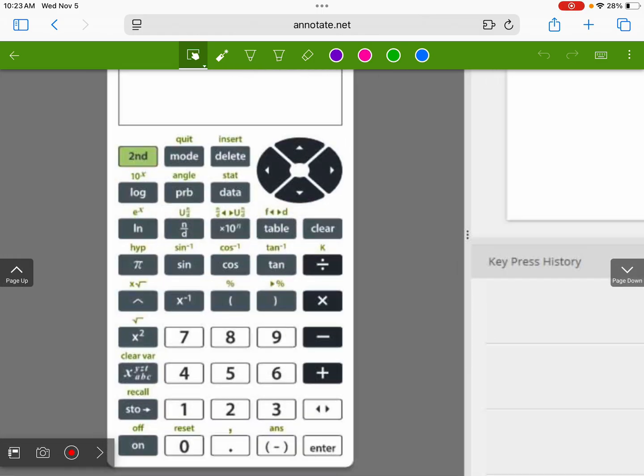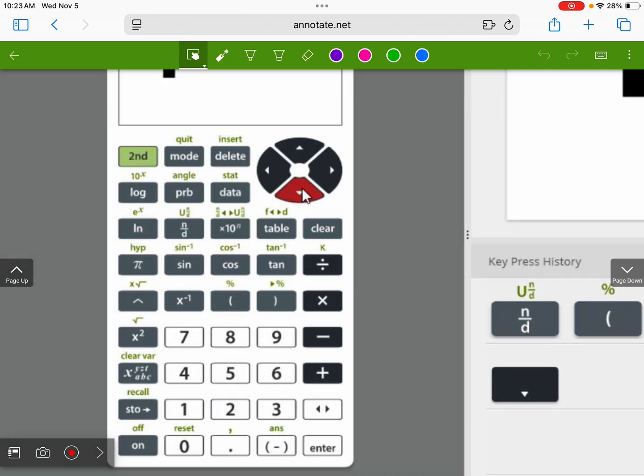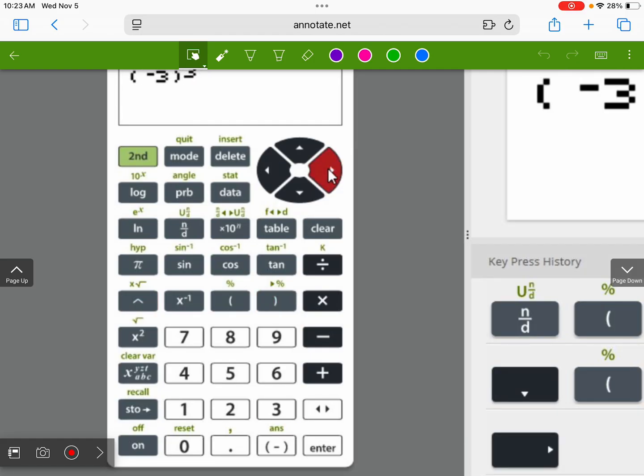So when we're trying to do f of -3, and we know we've got this fraction here, I can put in my -3 minus 1. I'm putting that -3 in place of the x. In my denominator, I want my -3 to the 3rd power. Got to hit that right arrow to get out of the exponent.